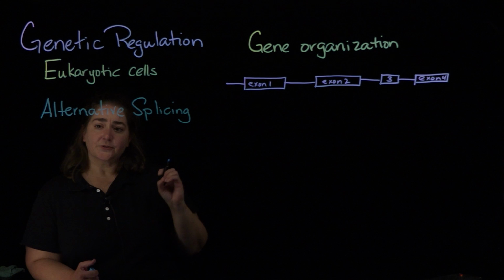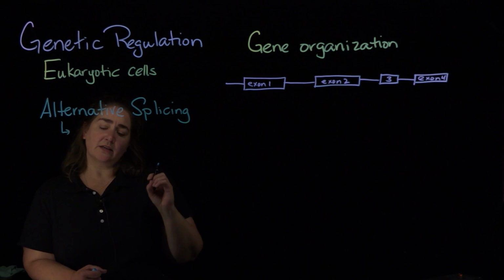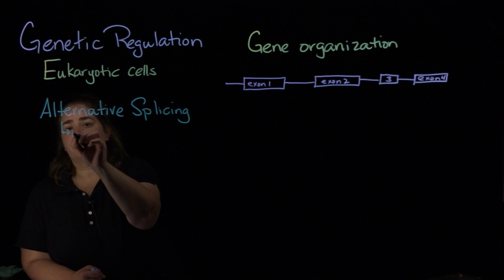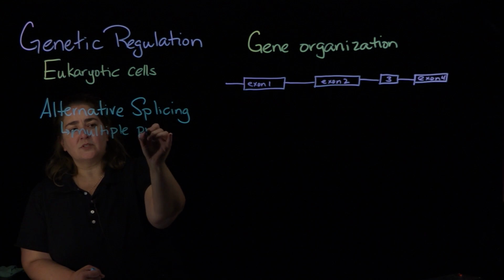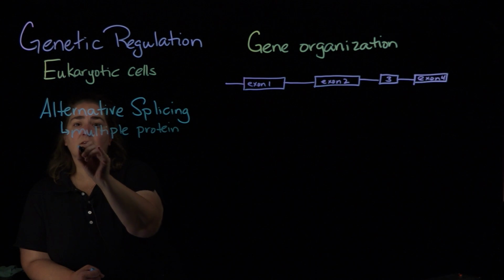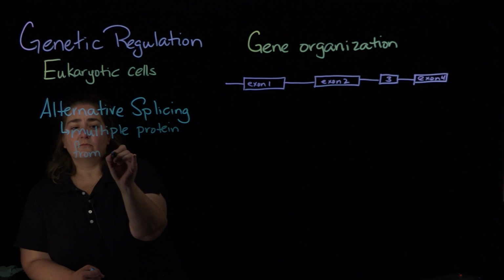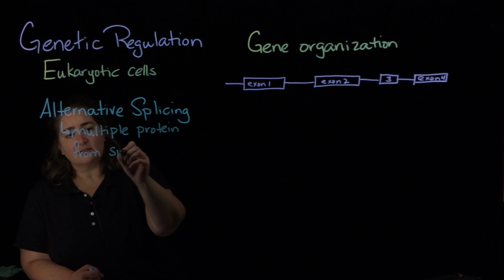With alternative splicing, this is going to be a way that the cell can generate multiple protein products from one gene. So we can get multiple different proteins that might have slightly different functions from a single gene.